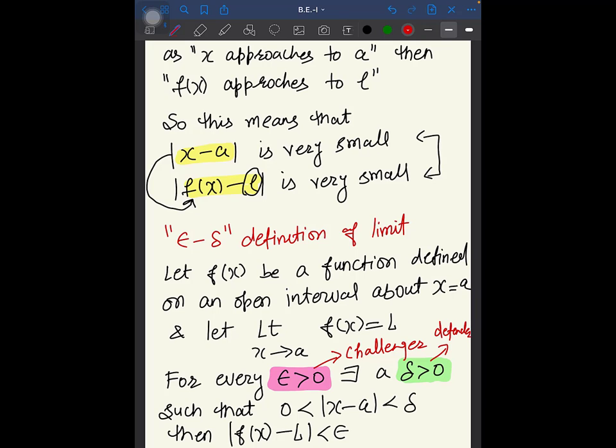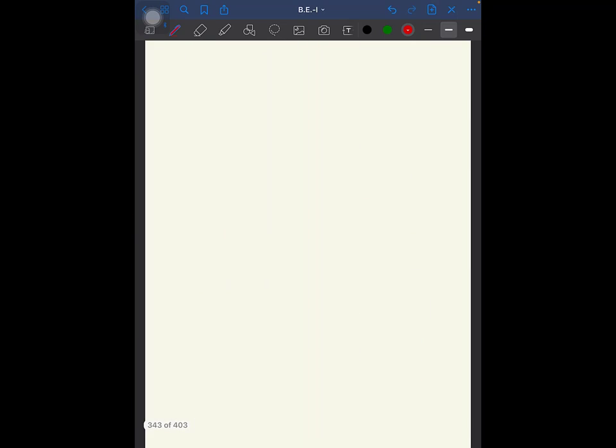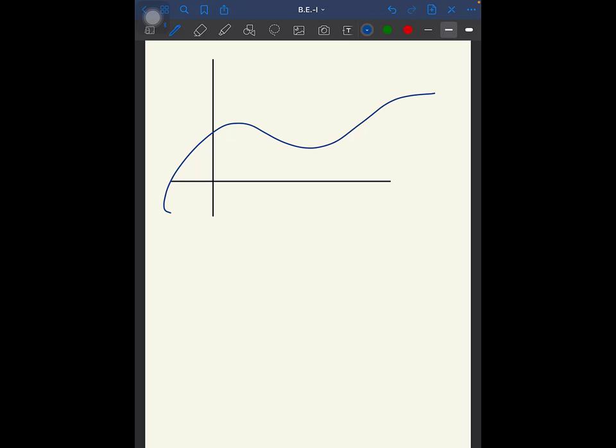Let us understand this with the help of a graph, then you will come to understand how this definition works for us. So let's say I draw a very nice function for you. You know that this is a continuous function, and of course at this point the limit will definitely exist.